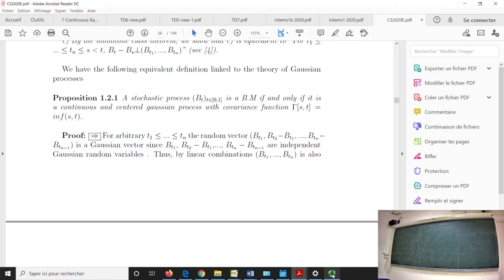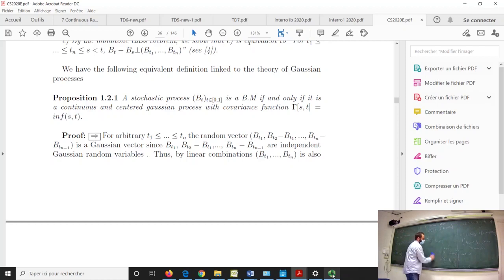But all the features of proving proposition 1.2.1 come from what I have proved for capital I. Okay? Questions or no questions? Okay? So, I erase this part here, if you are okay.